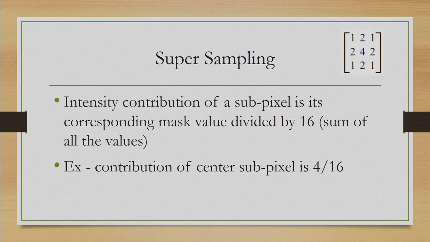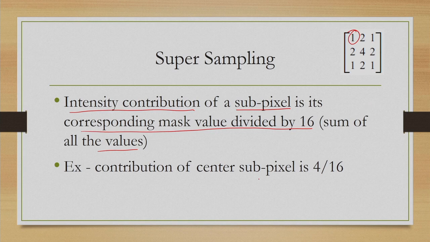We can use this rule: the intensity contribution of a subpixel is its corresponding mask value divided by 16, which is the sum of all the values. So, for subpixel 0 0, its contribution will be 1 by 16.